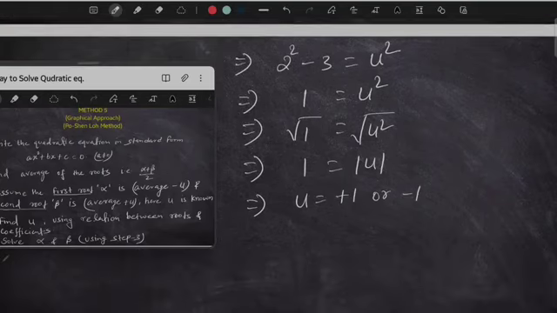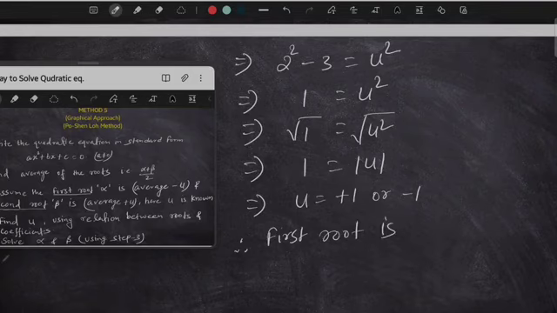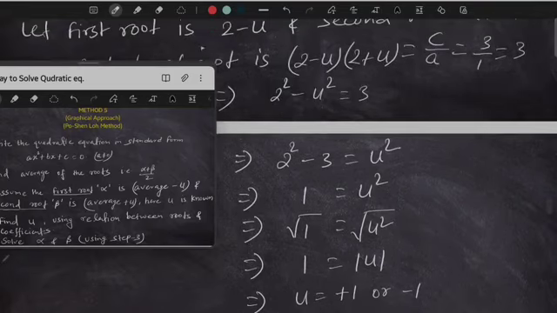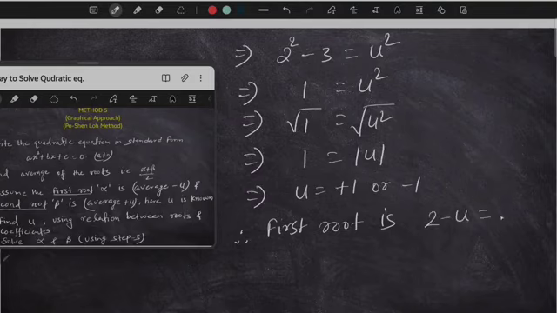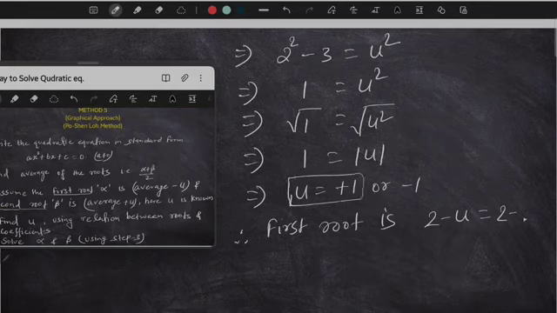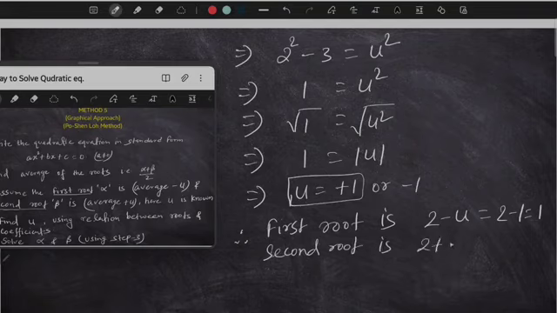Therefore, the first root is average minus u, that is 2 minus u. If we choose u is 1, then the first root is 2 minus 1, that is 1, and the second root is 2 plus u, that is 2 plus 1 is 3.